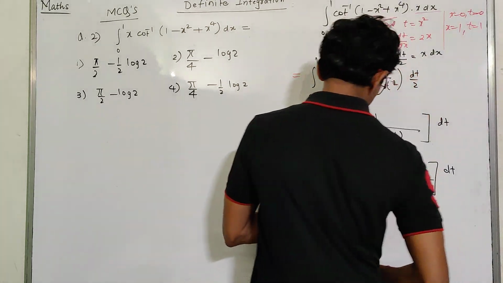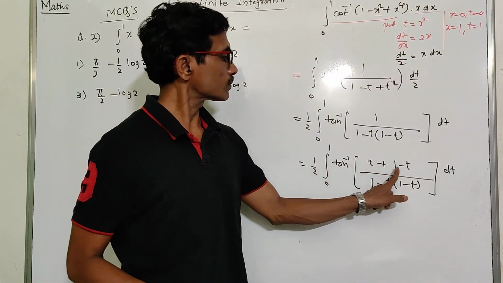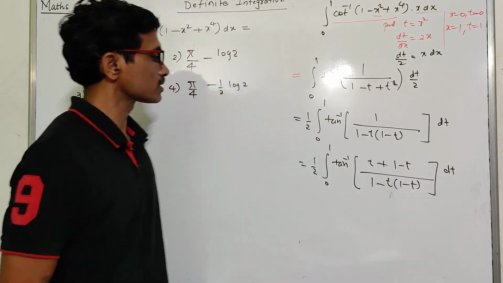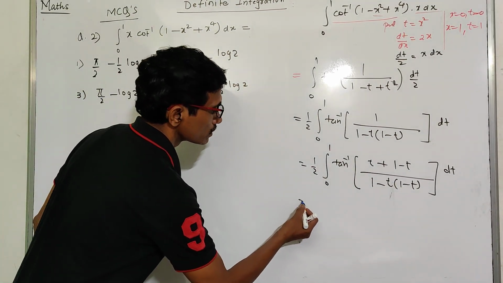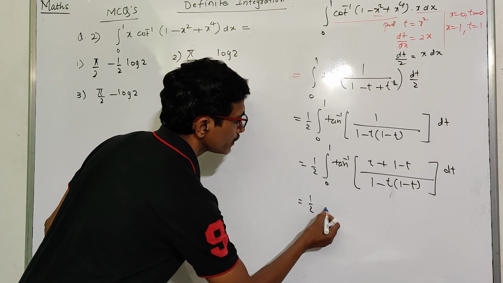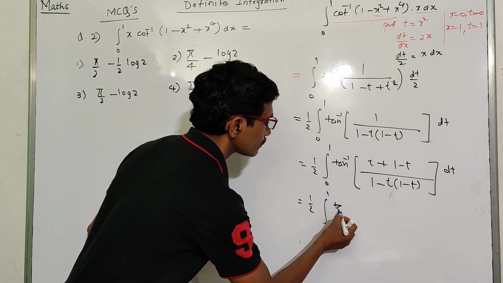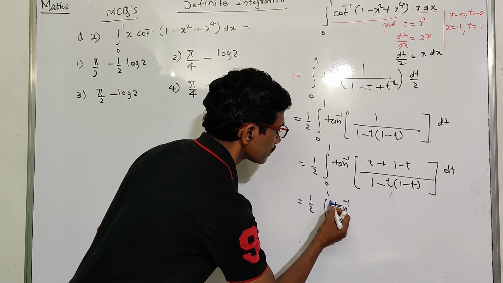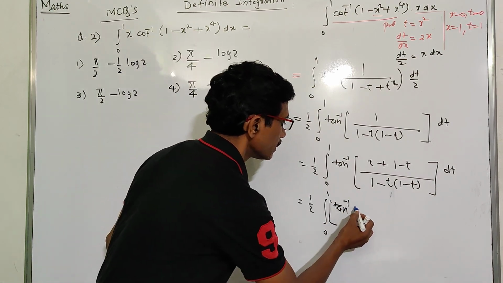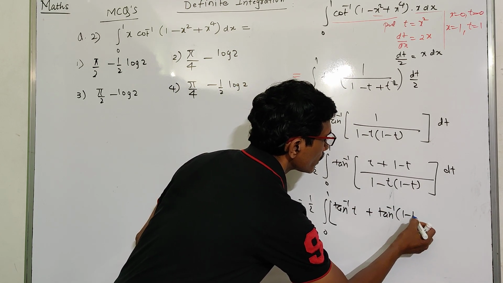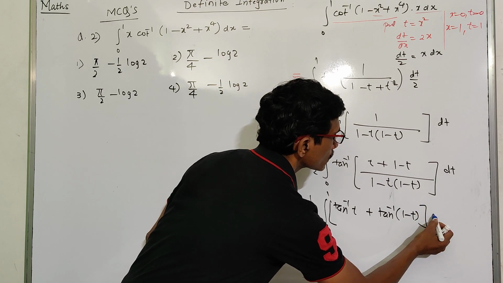Now it is of the form tan inverse of (x plus y) upon (1 minus xy), which is tan inverse of x plus tan inverse of y. This will be 1 upon 2 integral 0 to 1 of tan inverse of t plus tan inverse of (1 minus t) dt.